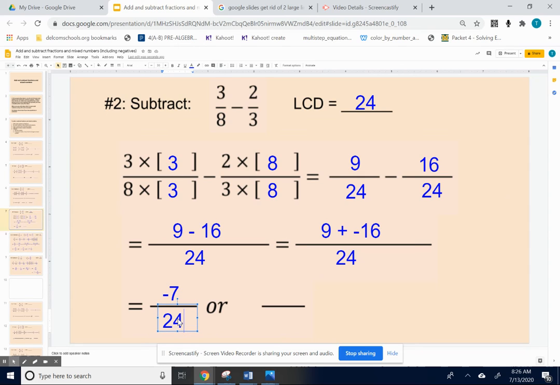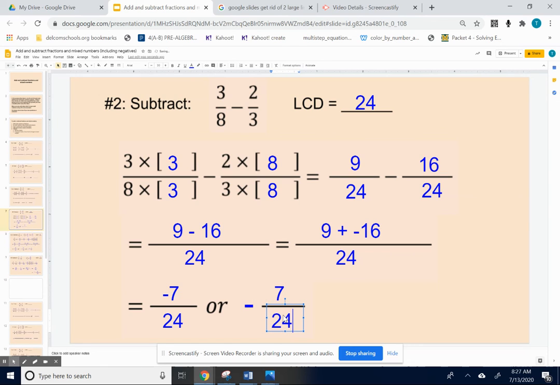Negative 7 over 24. Remember how we wrote that a different way? Negative 7 over 24 could also be written with a negative out in front, and then 7 over 24.